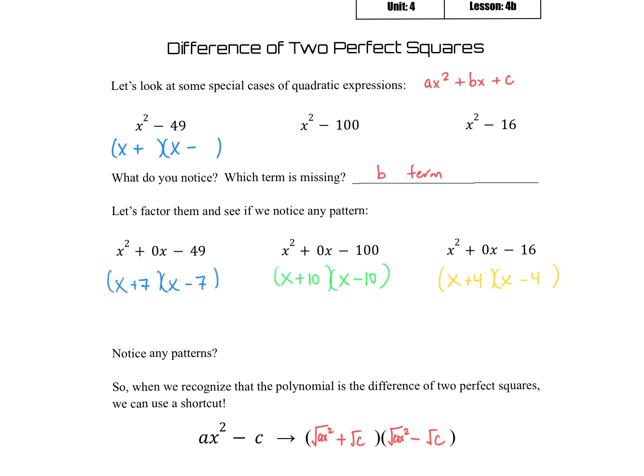What times itself gives you 49? 7 and 7. Done. That's exactly what we got here, and it holds true for these ones as well. In practice, you're going to do enough of these that I'm confident by the end you're going to be like, oh, this is the simplest form of factoring, because it really kind of is. That's it.